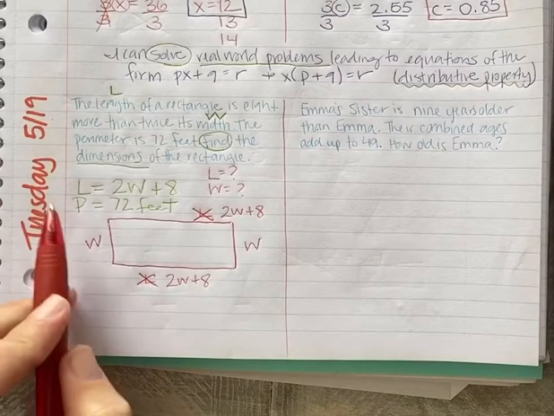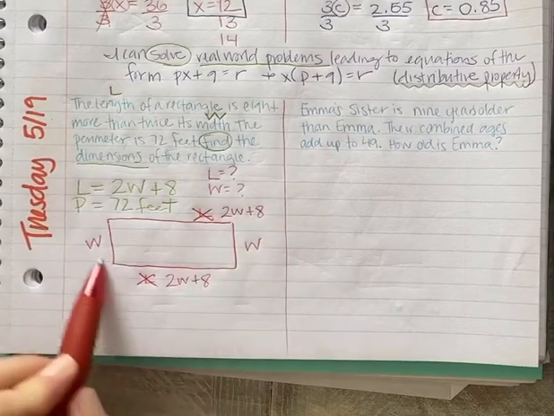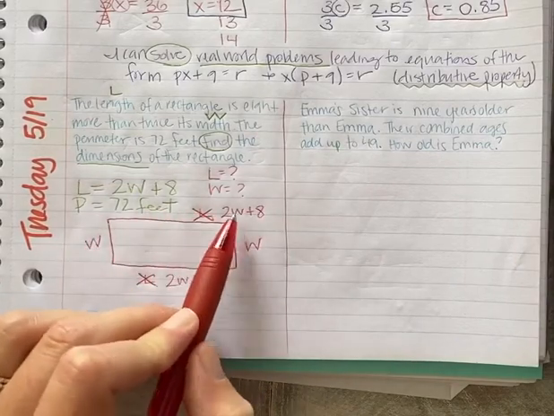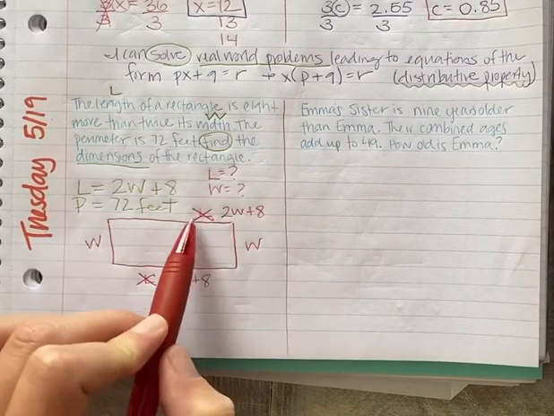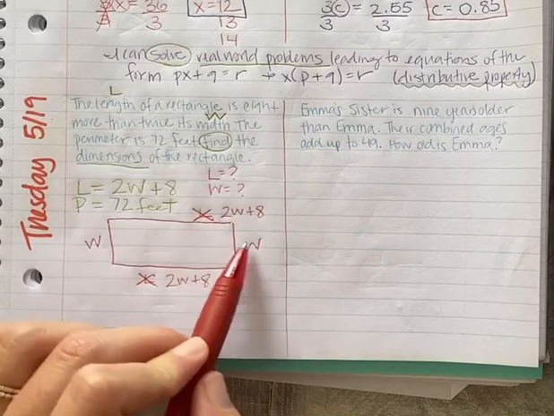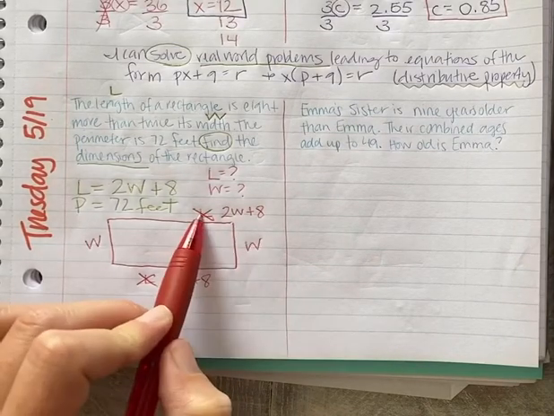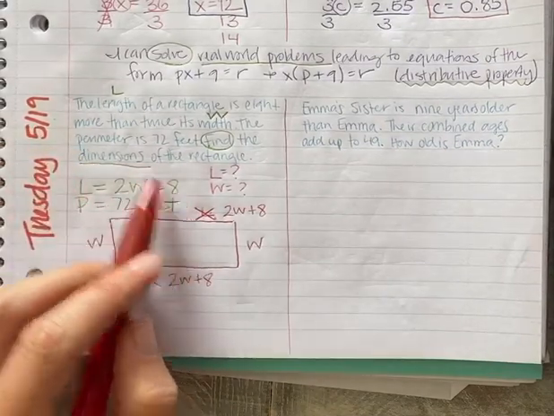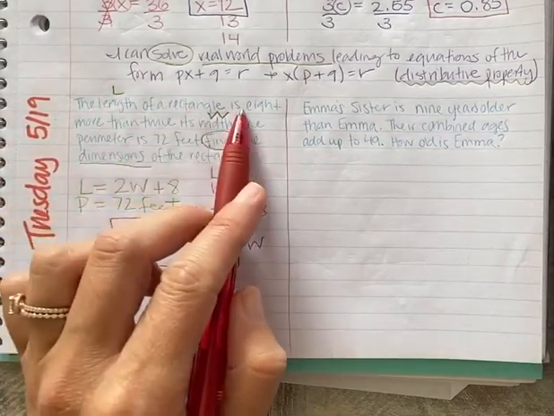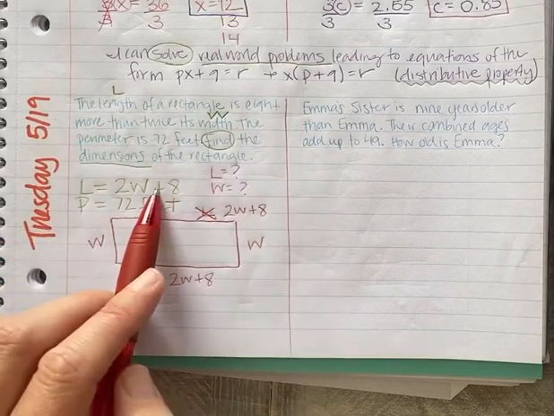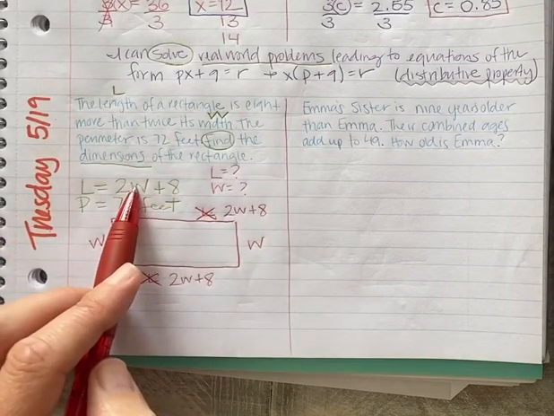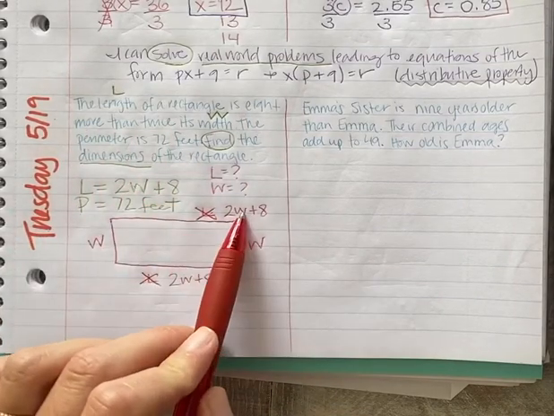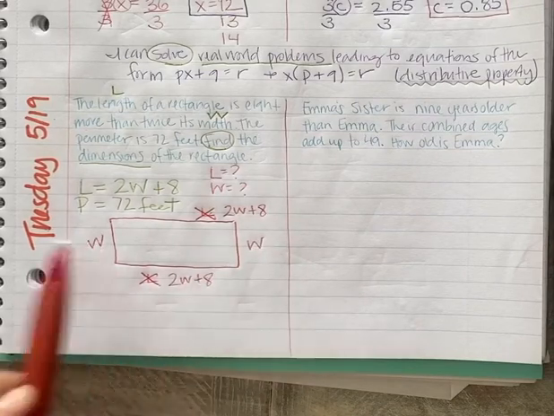Well, now, if the perimeter means that we add them all together, I can now add these W's together, whereas before, I can't add an L plus a W. So I substituted the length for 2W plus 8 because it says the length of a rectangle is 8 more than twice its width. So we have 2W plus 8, W, 2W plus 8, and W.